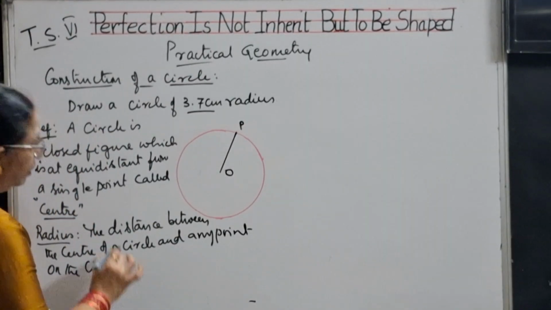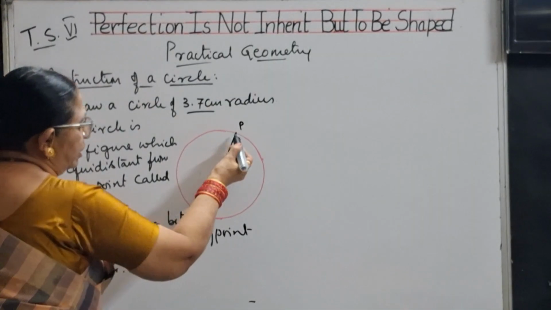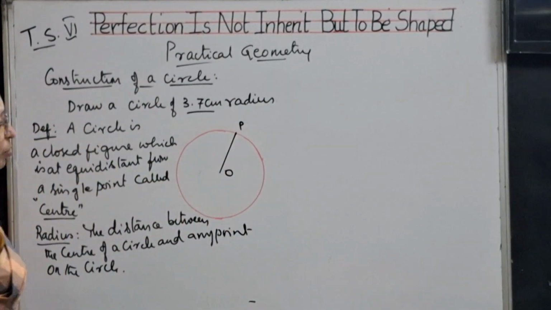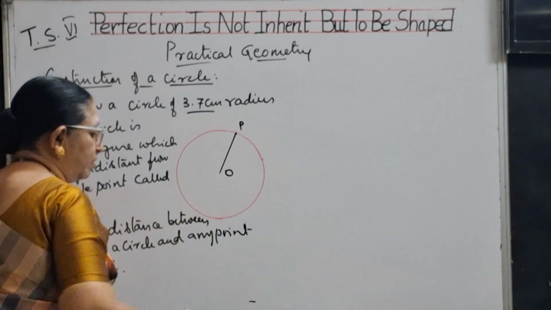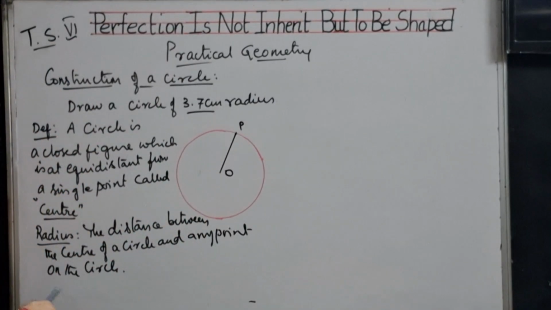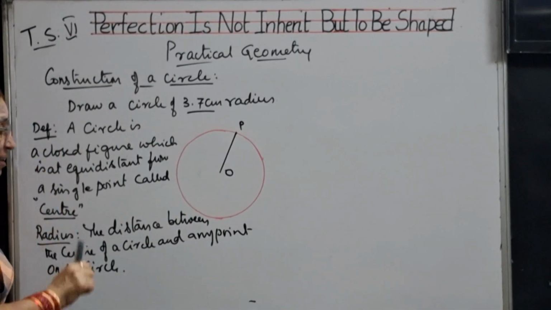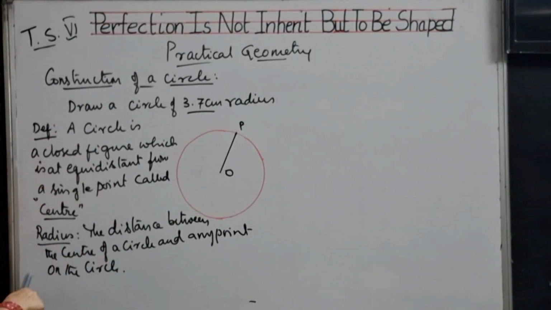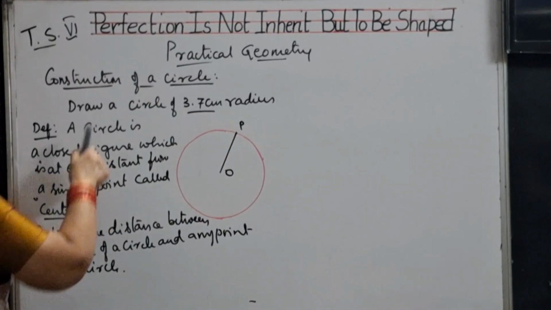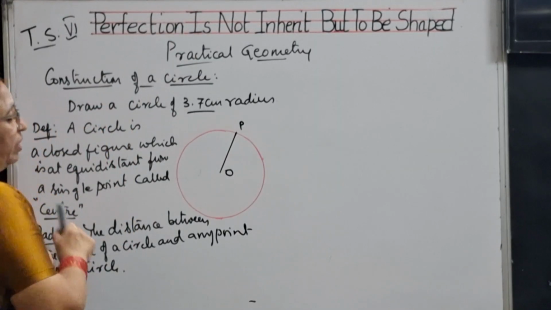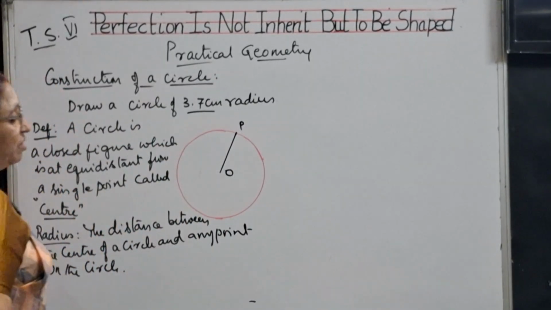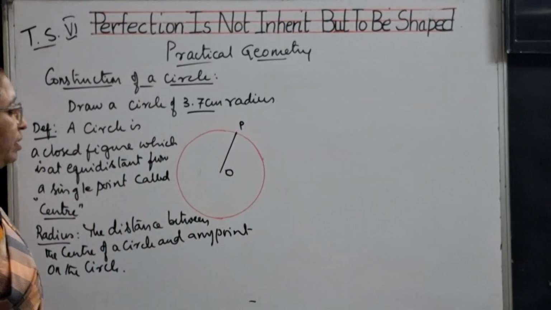That is called as radius. Any point, you can take P here, you can take P here, anyway. But you will be getting the distance as same, and that is called as radius. These two nomenclatures are the names which you should understand perfectly well about the circle, children. After having this knowledge, now we will go to construction of a circle.